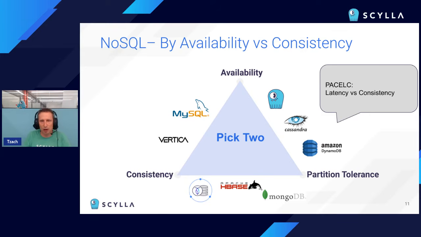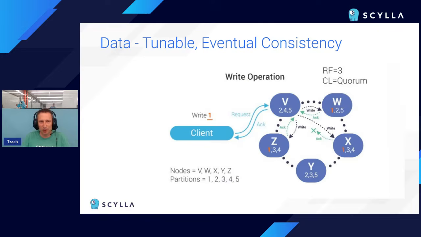And the PACELC theorem or mapping takes into account this property as well, and not just availability or consistency, which is pretty naive. Again, I apologize for the simplistic view on the last 2 slides. So let me demonstrate what I mean in Scylla today with tunable and eventual consistency.